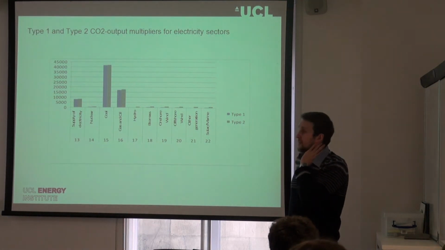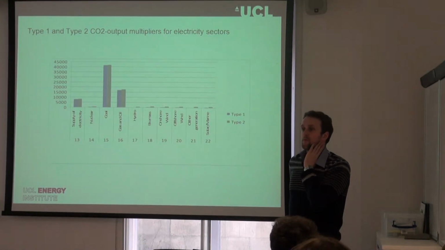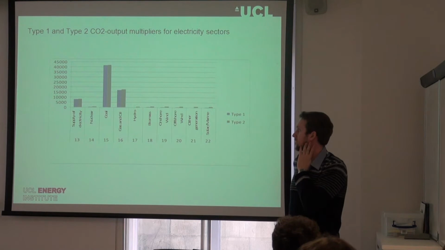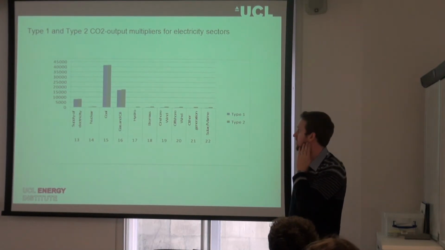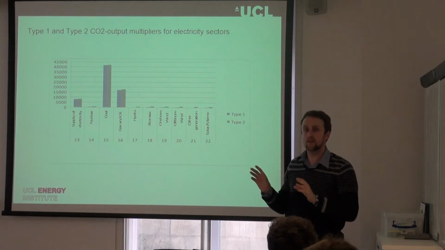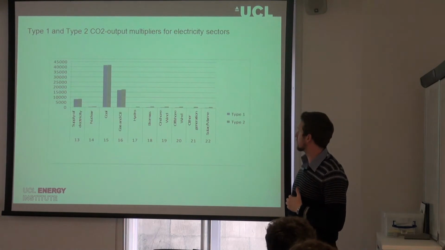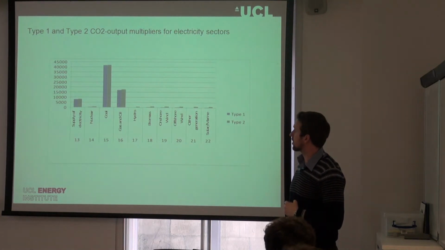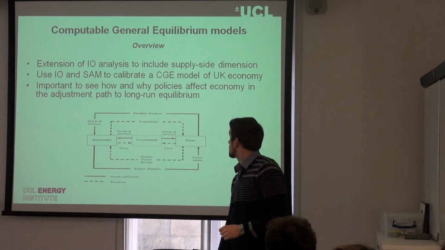So where previously, if there was an increase in output of 1 million, I think electricity was something like 8,000 tonnes of CO2 produced for an increase in electricity, you can see here that figure is basically decomposed into all of the generating technologies now. So you can see that coal and gas and oil, as you would expect, are the largest within the model. Right, so where are we?